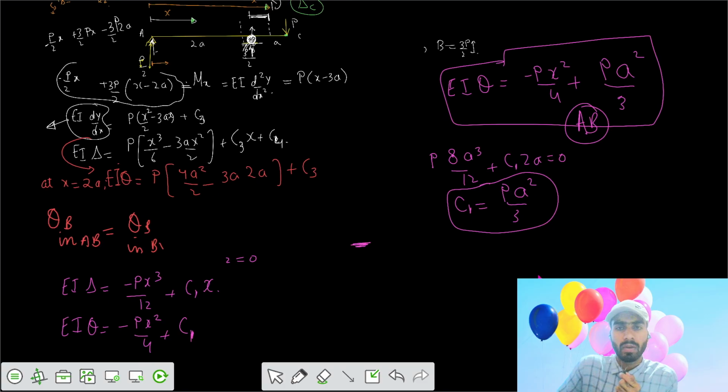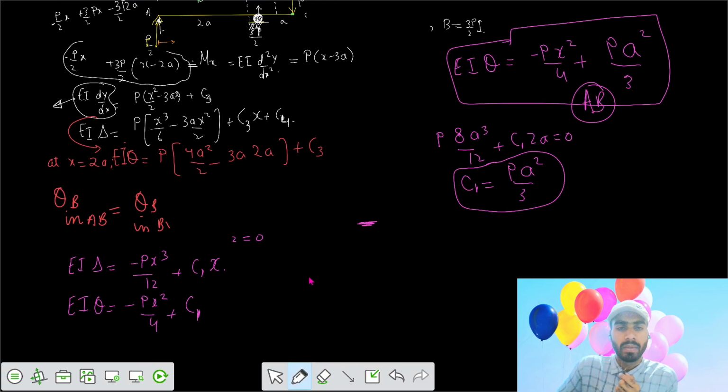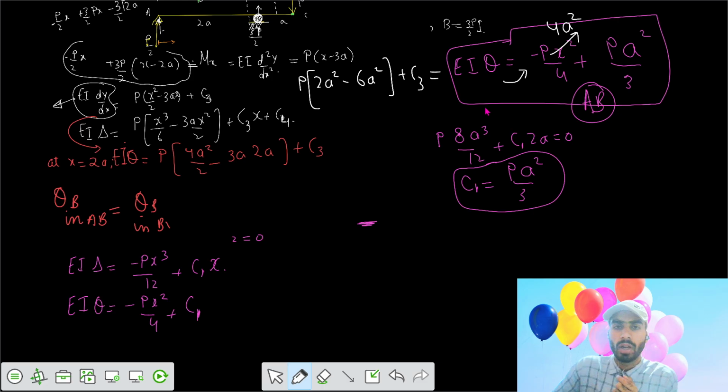Substituting the values and combining them, we get EI theta equals P into 4a squared by 2, that's 2a squared, minus 6a squared plus c3, and here you have to substitute the value of x equals 2a. Then after substituting, it becomes 4a squared, and you calculate it, you get the value of c3 equals 10 by 3 Pa squared.